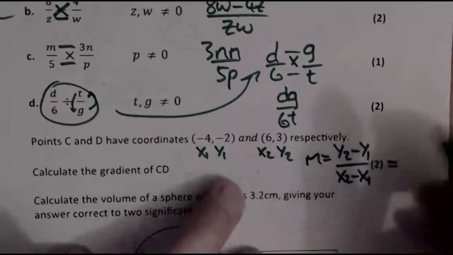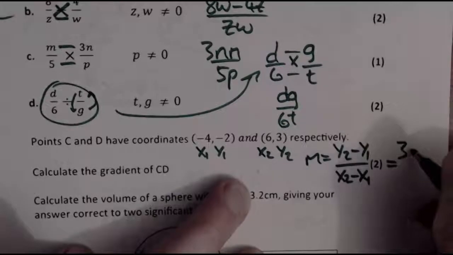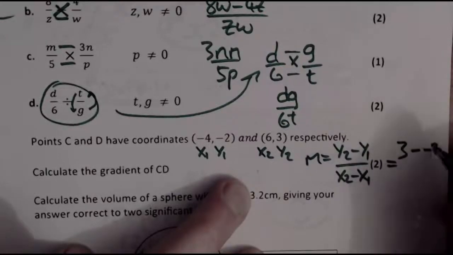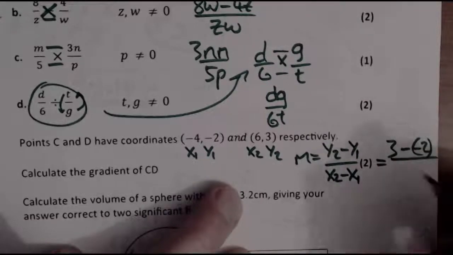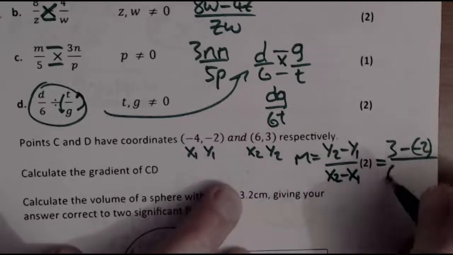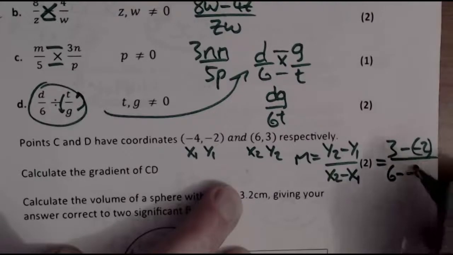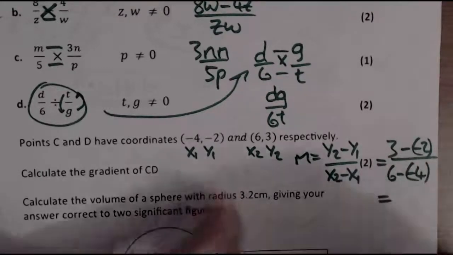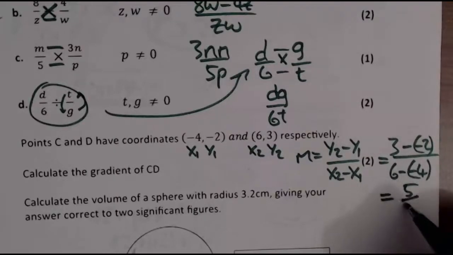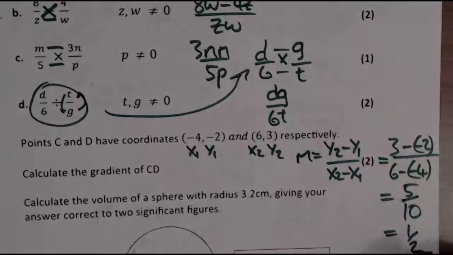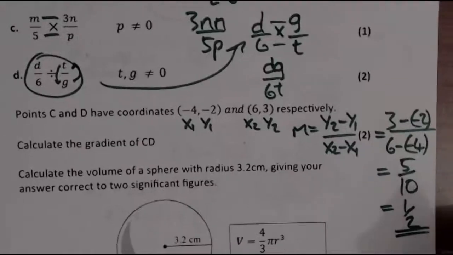So what we've got is 3 minus 2, divided by, where's my x2, that's 6 minus 4. More often than not, you'll get a whole number as your gradient. That's equivalent to 5 over 10, and there's me saying a whole number, and this is a half. Right, there you go, so that's a half.